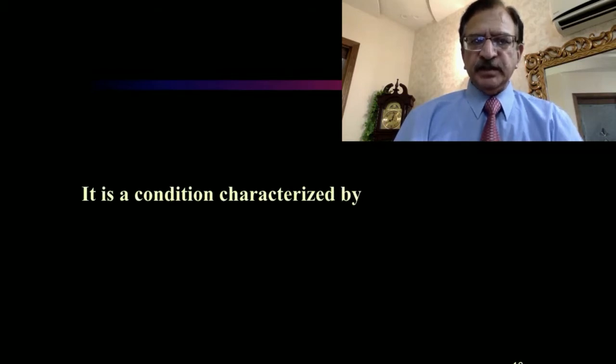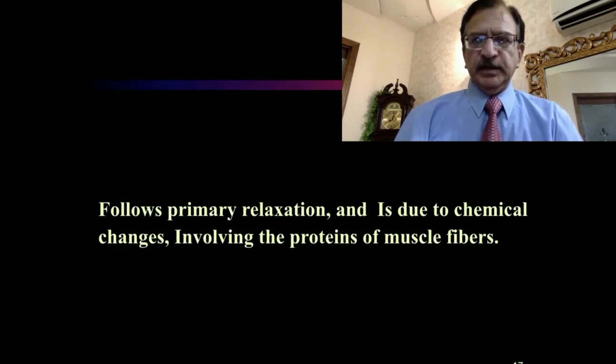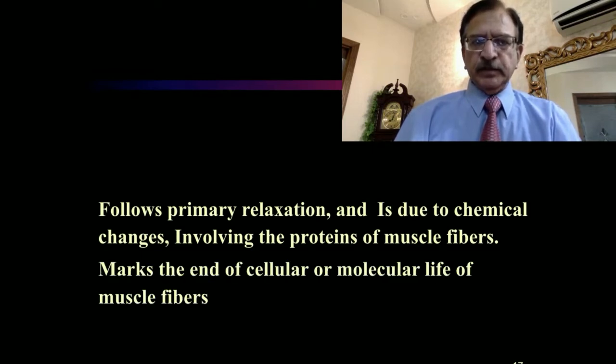It is a condition characterized by stiffening, shortening, and opacity of muscles. And it follows primary relaxation, and it is due to chemical changes which involve the proteins of the muscle fibers to get rigid. It marks the end of the cellular or the molecular life of the muscle fibers.